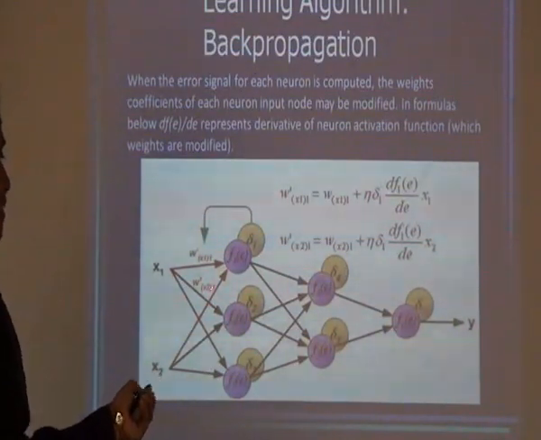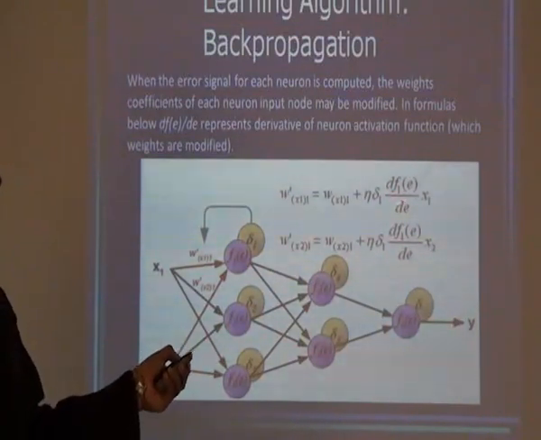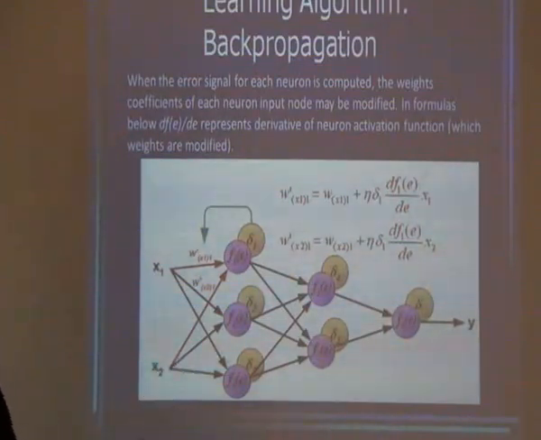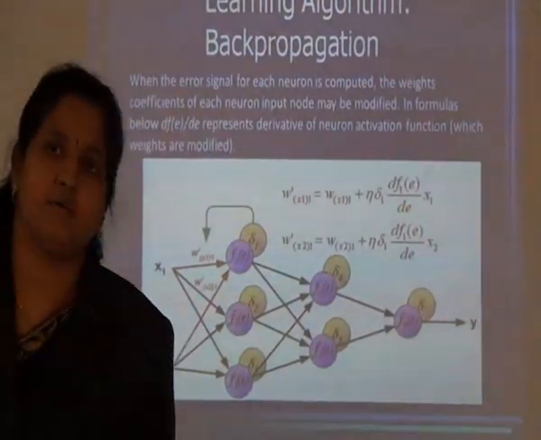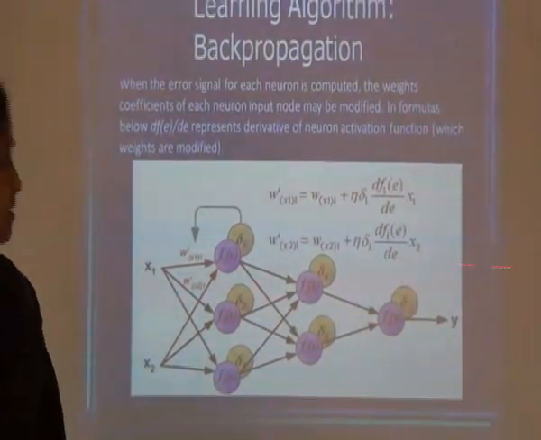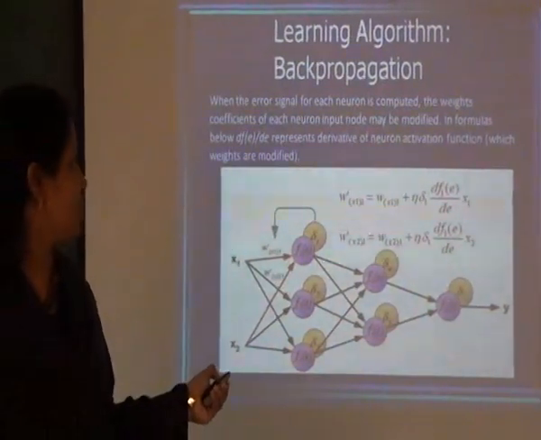Theta into delta 1, this error, into the derivative of the activation function, df1(e) divided by de, into x1. Lots of formulas are available to modify the weight. This is one of them, the delta rule to modify the weight.